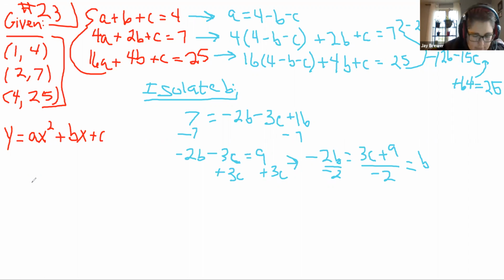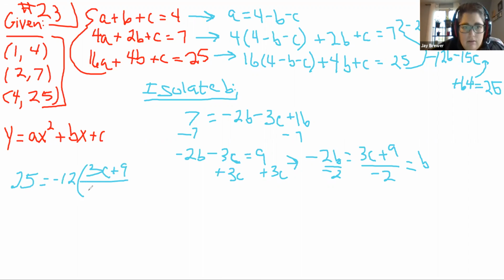Okay, so now we have to solve for C. So I brought down the last equation, 25 minus 12, and then we're going to plug in for B. So 3c plus 9, over negative 2, minus 15c plus 64.